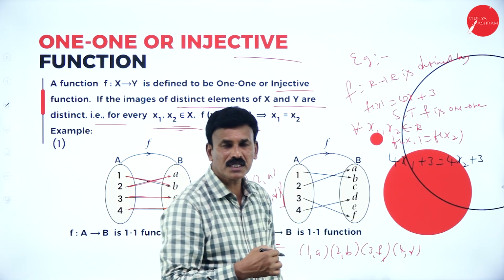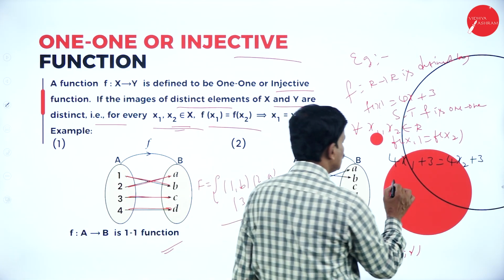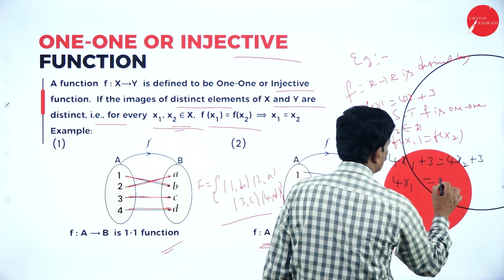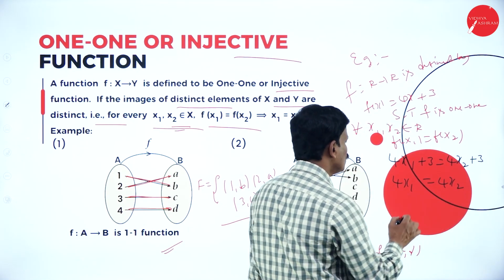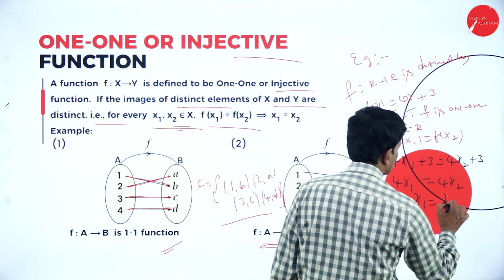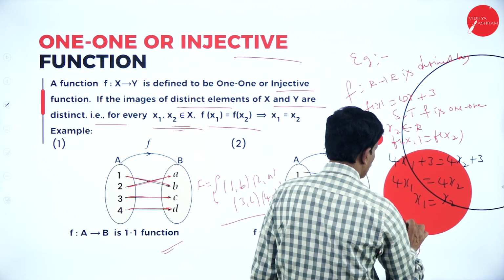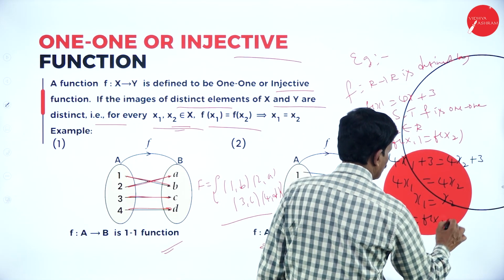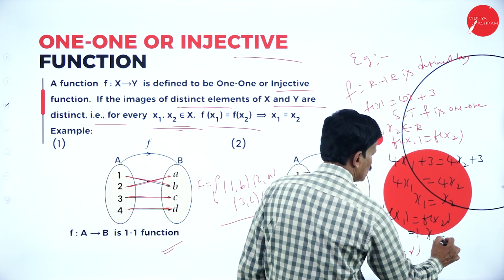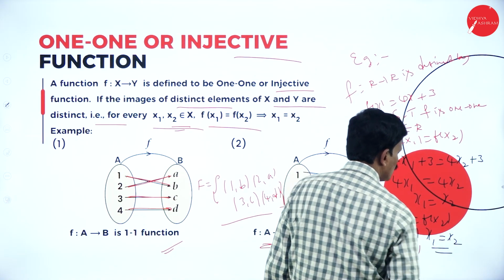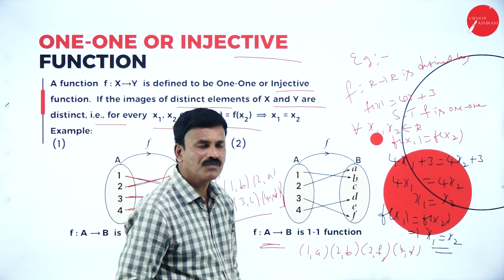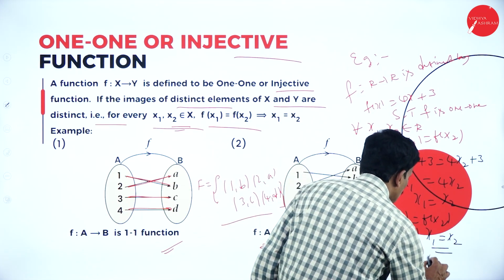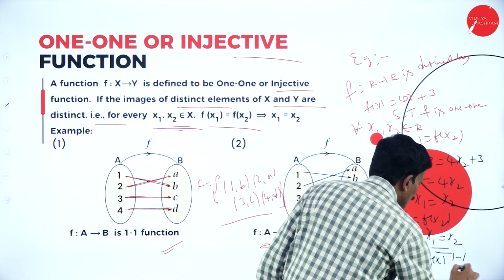Transfer plus 3 to the right hand side, plus 3 and minus 3 get cancelled. We will get 4x1 is equal to 4x2. Divide by 4, 4 and 4 get cancelled, x1 is equal to x2. So f of x1 is equal to f of x2 implies x1 is equal to x2. Therefore f of x is a one-one function.